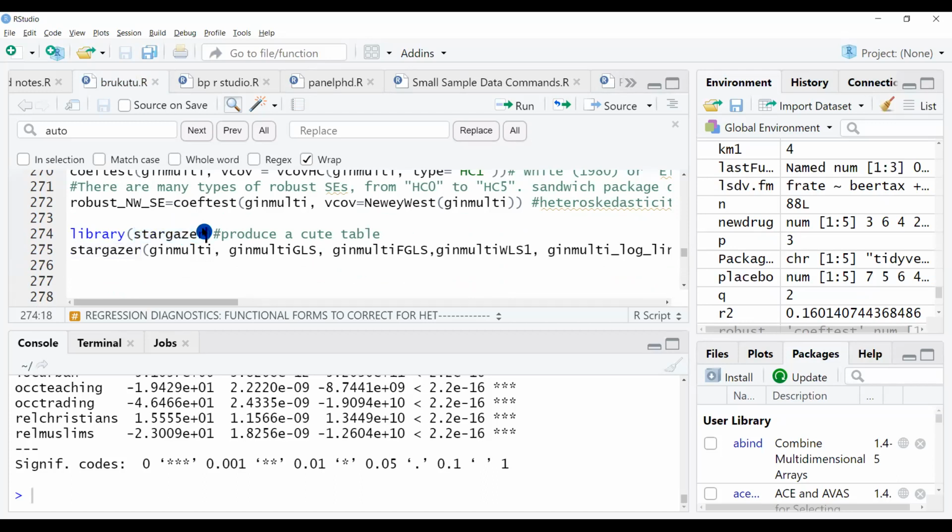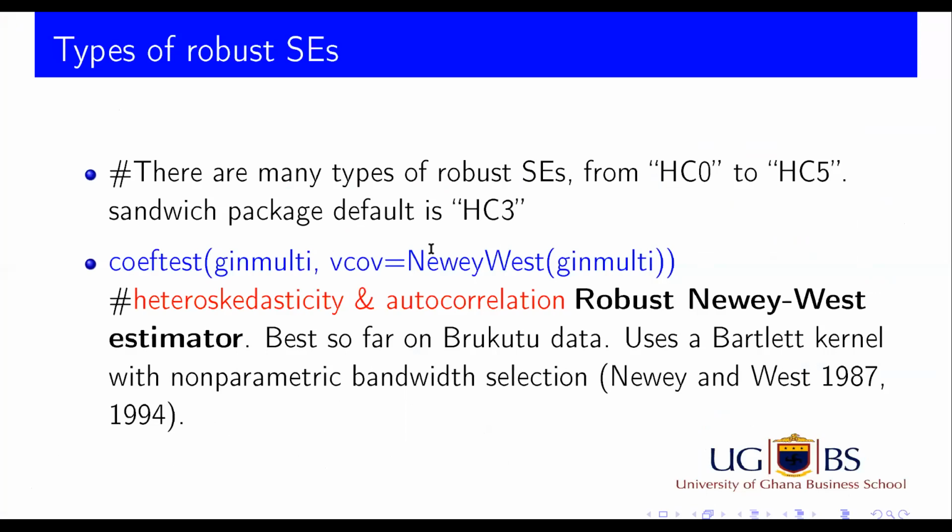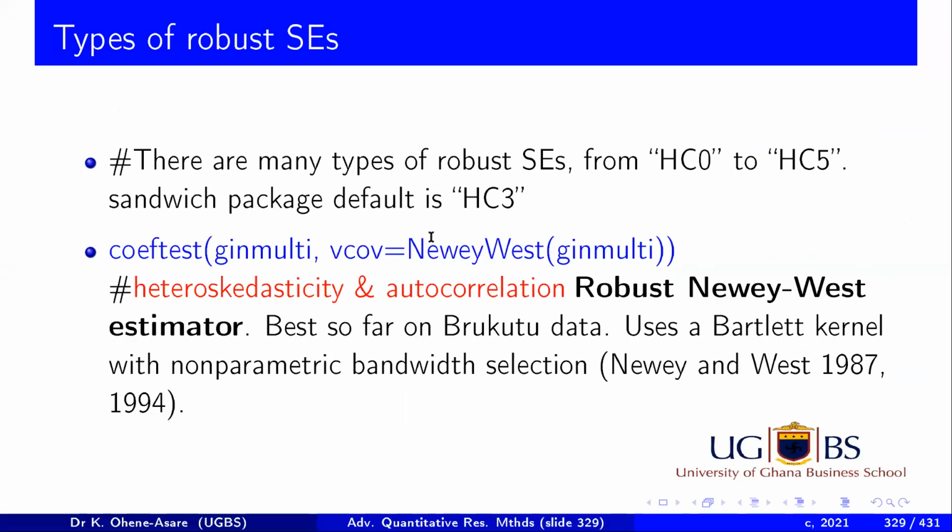But before I do that, let me take you back to the Newey-West. This is the Newey-West standard error command that I told you about. It is the best so far on the data set that we have. It uses something called a Bartlett kernel with a non-parametric bandwidth selection.